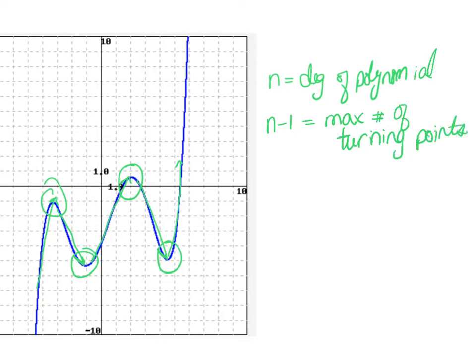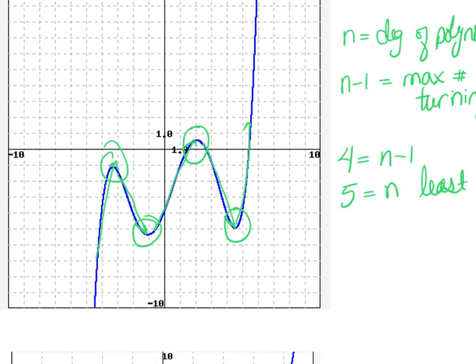So I have 4 turning points, n minus 1, and that's why degree 5 is the least degree. And I say least degree because I can always make it higher, as long as my behavior matches that.